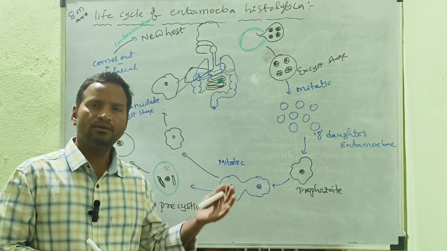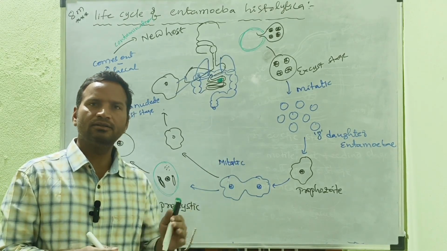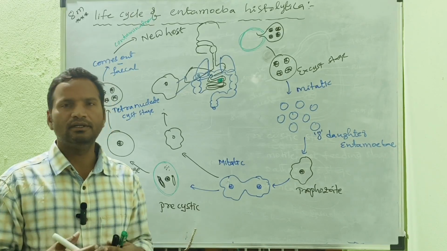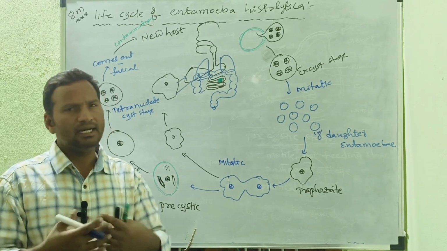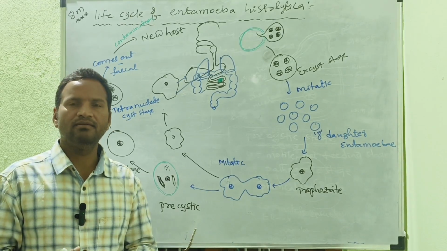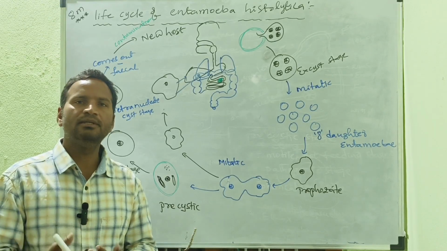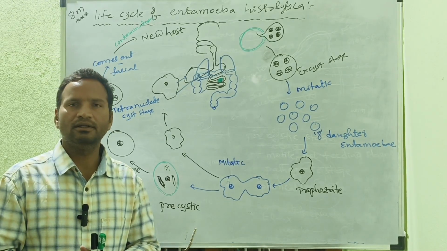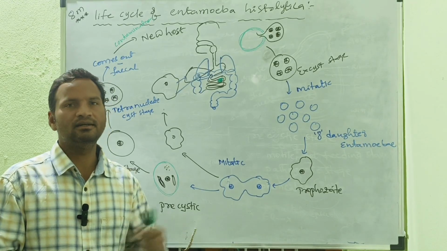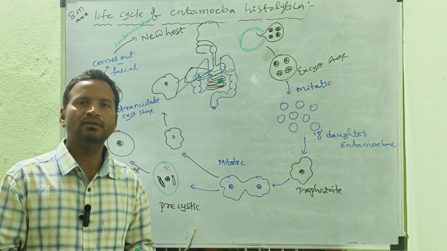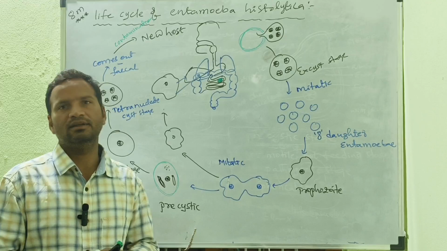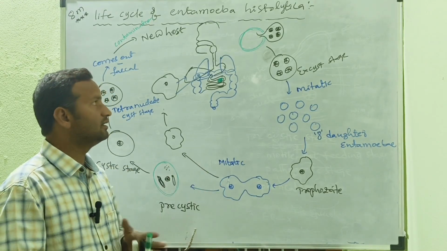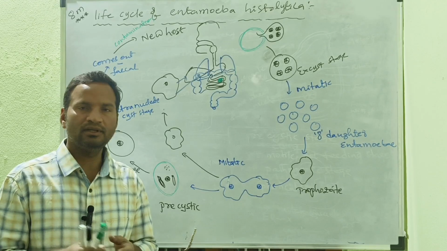Further, from the liver and lungs it enters the brain, heart, kidneys, gonads, etc., and gradually damages all organs in our body. Got it? This is the entire life cycle of Entamoeba histolytica.